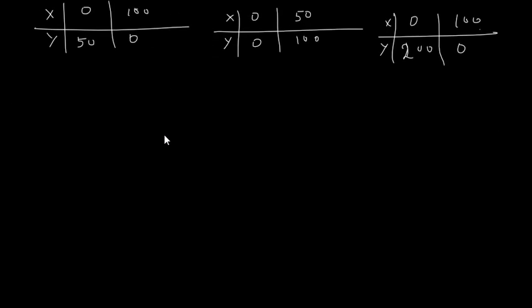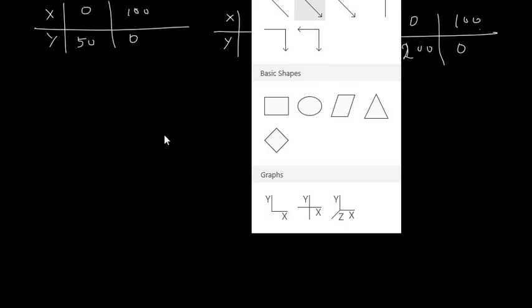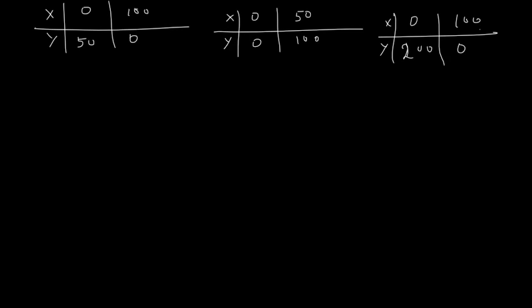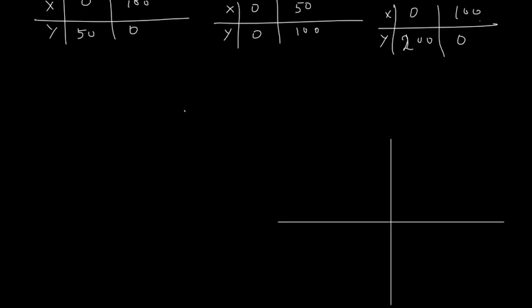So let us draw the graph paper. Here x plus 2y is equals to 100, so 0 comma 50. Now here I take this point as 50, this point as 100. Similarly here we have 50 and 100.